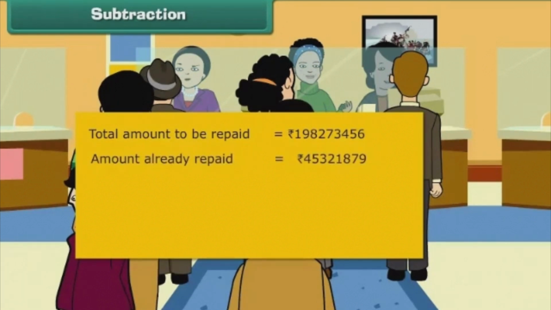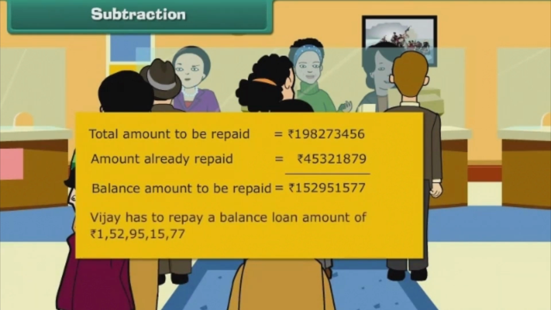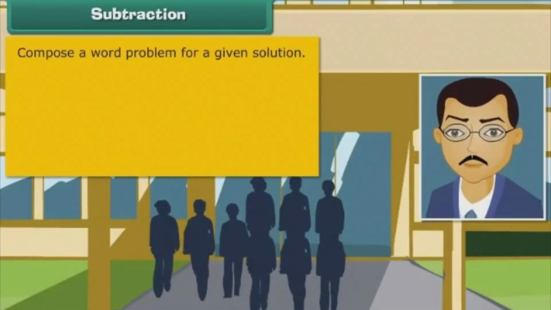Amount already repaid is equal to rupees 45,321,879. Balance amount to be repaid is equal to rupees 152,951,577. Vijay has to repay a balance loan amount of rupees 152,951,577.